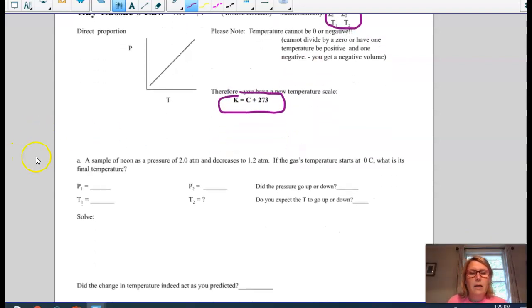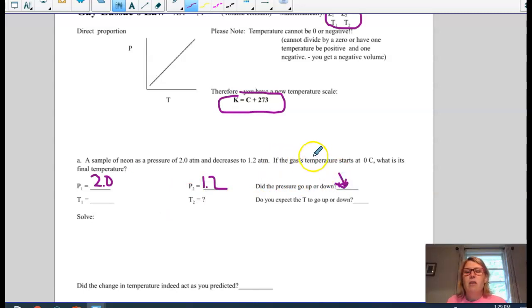A sample of neon has a pressure of 2 atm and decreases to 1.2 atm. So I have a pressure of 2, and I go down in pressure. Did the pressure go up or down? It went down.